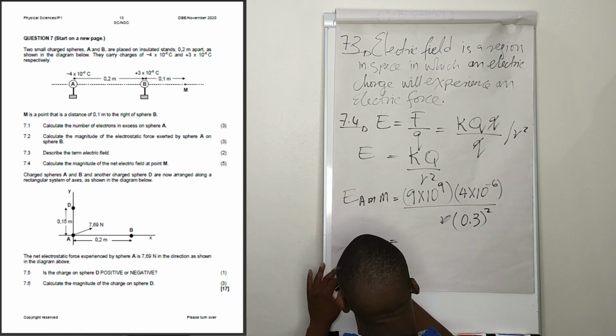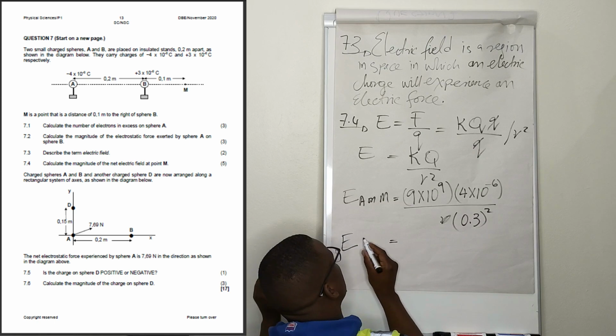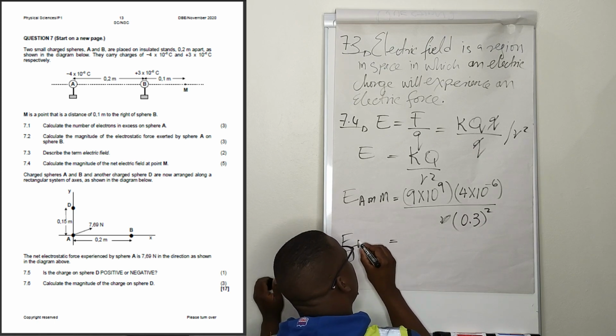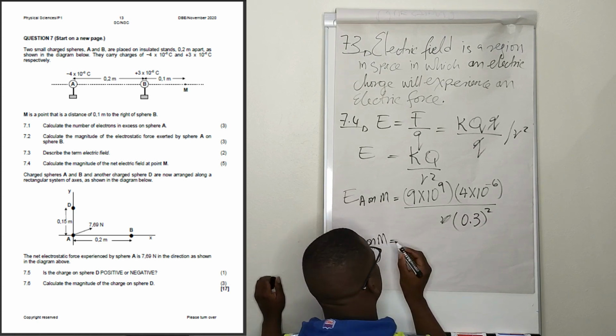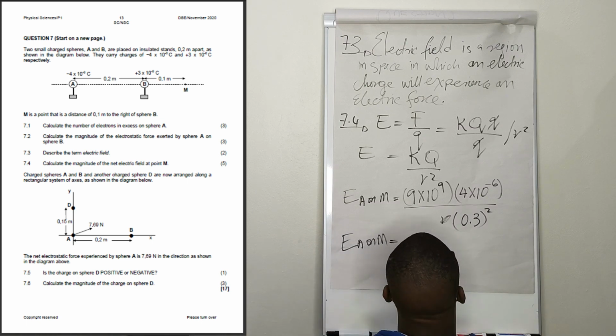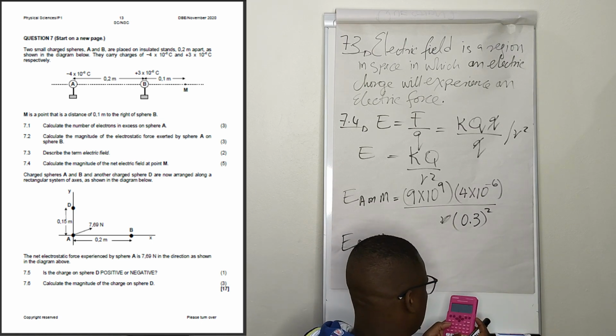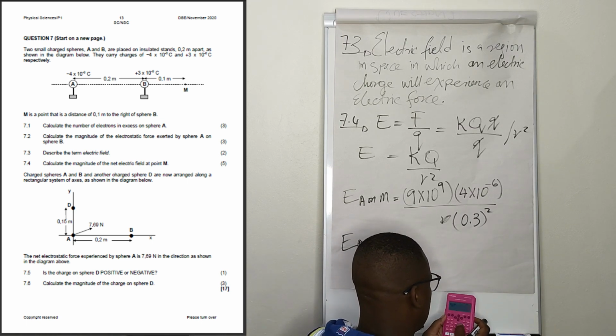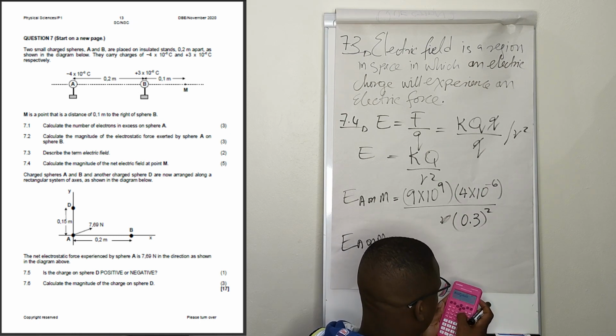The electric field of A on M is equal to 9 times 10 to the power 9 times 4 times 10 to the power minus 6 divided by 0.3 squared.